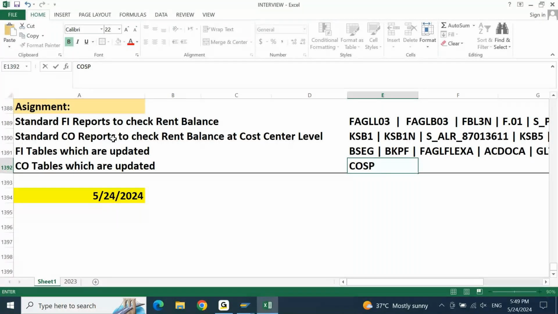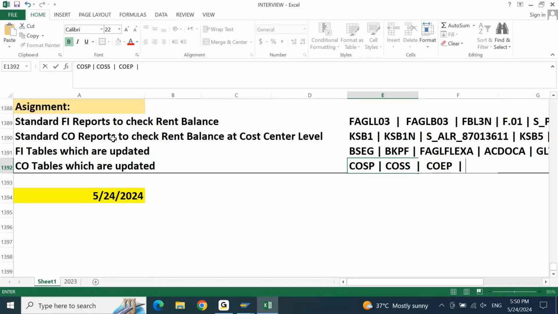Okay, any other table? COSS and COEP. What is it? So COSS, okay. And another one is COEP. Okay.